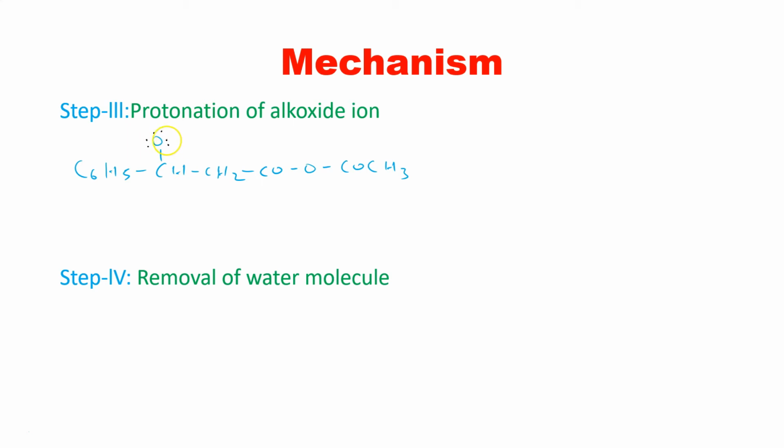There are 3 lone pairs of electrons on oxygen. Remaining all oxygens are having 2 lone pairs of electrons as it is. So further it has been protonated. By using acid we can protonate it, and it will form a stable structure. So here one of the lone pairs of electrons has been utilized for formation of a bond with a hydrogen, and the remaining structure will be similar.